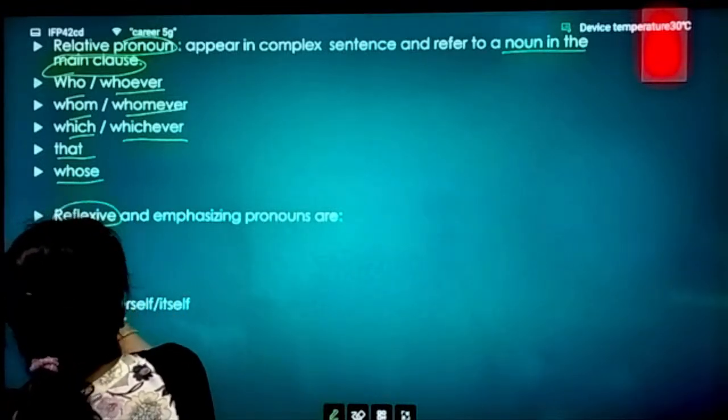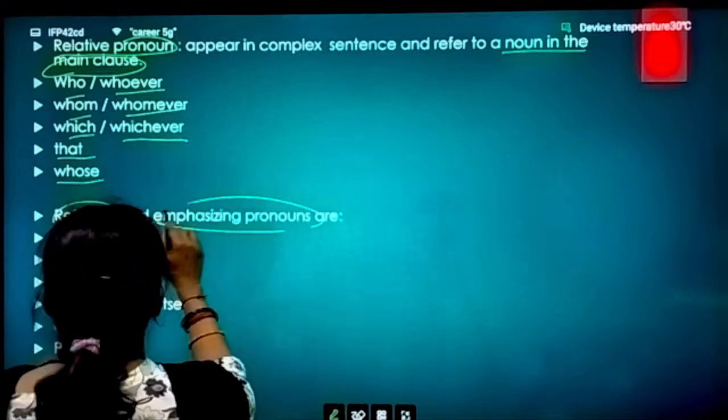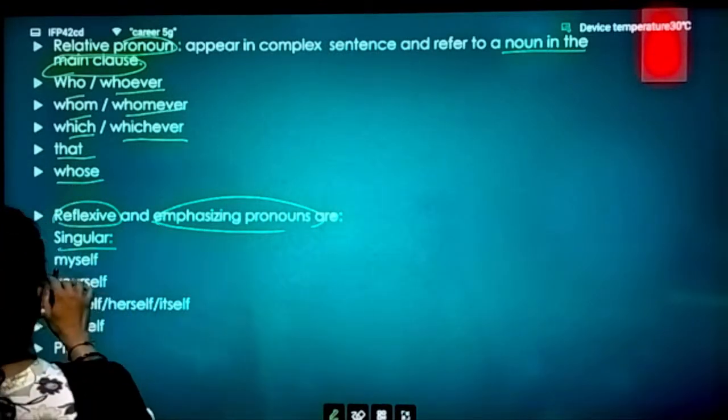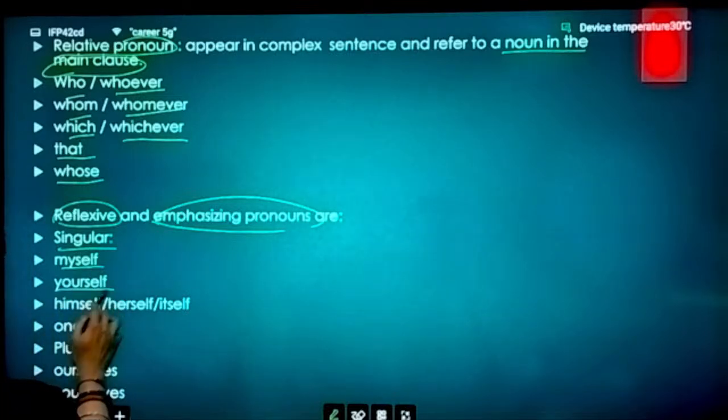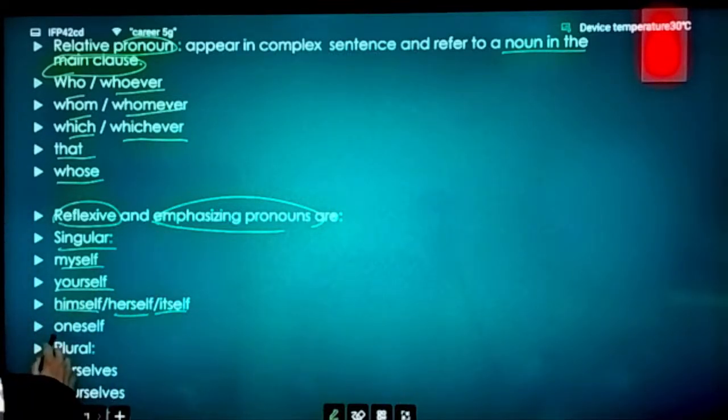Then reflexive and emphasizing pronouns. What are these? Singular ones, for example: myself, yourself, himself, herself, itself, oneself.